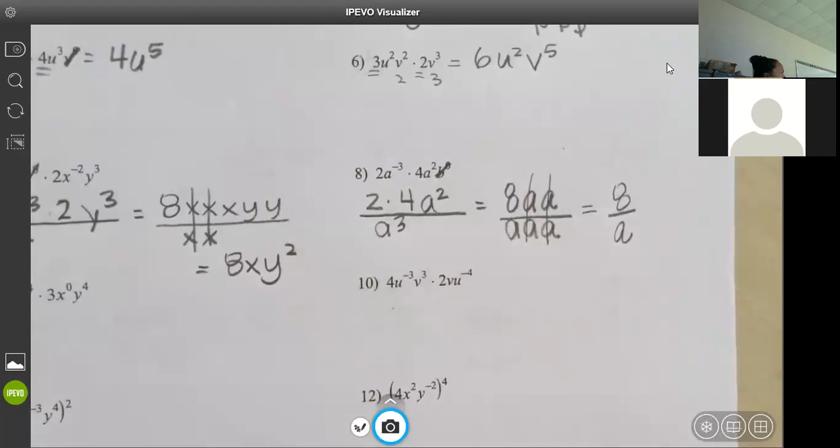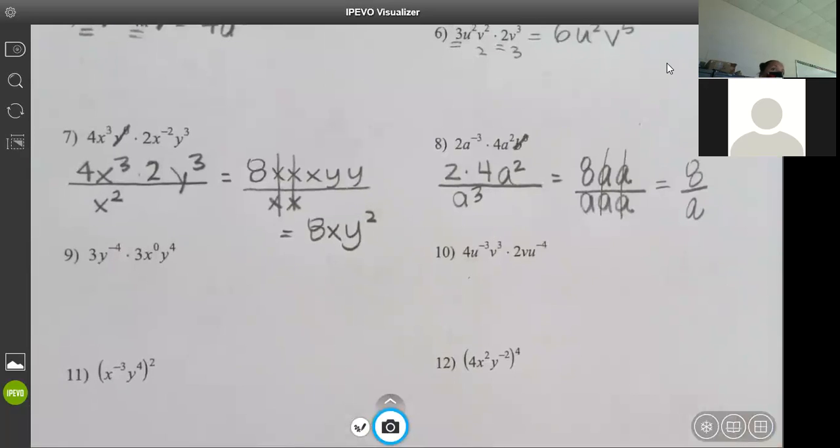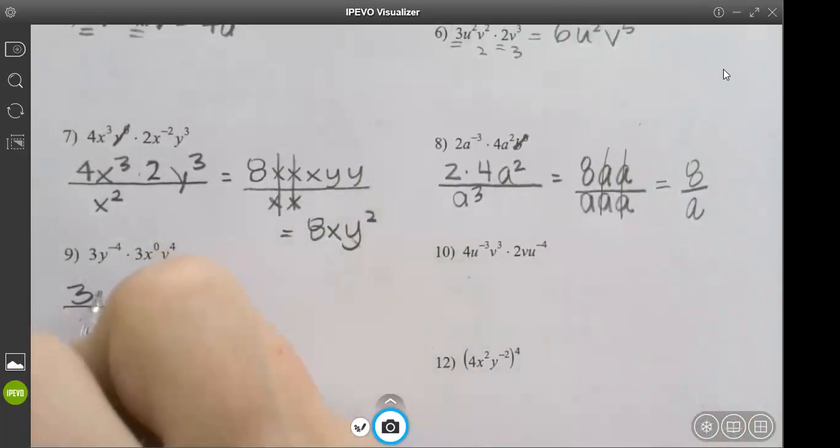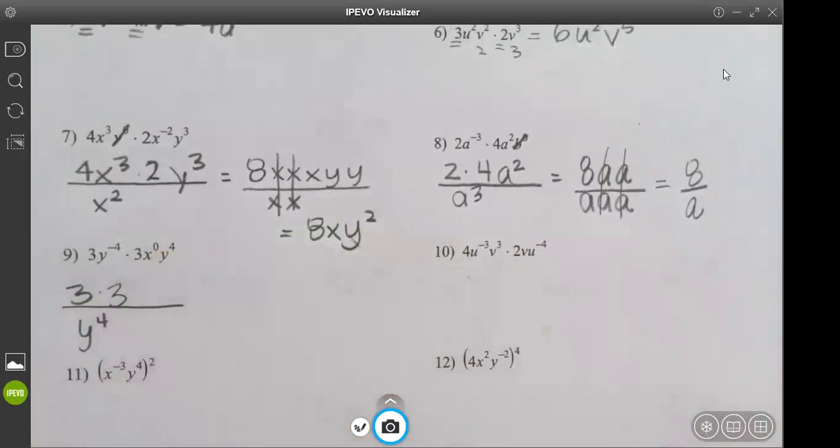Any questions? All right, next one. Let me minimize this so you guys can see it. All right, same thing on this one. Make your bar. 3 is good. Y to the 4th on the bottom. 3 on the top.